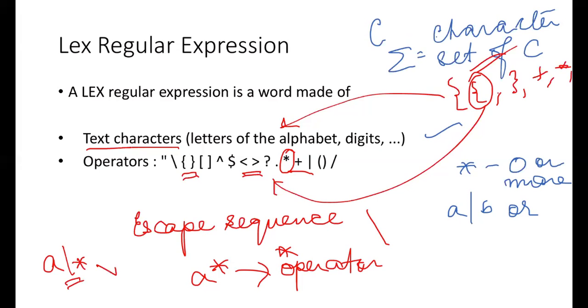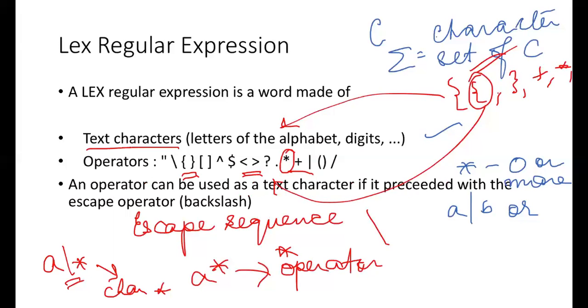So star here means the character star. Here it means the operator star. Okay, so escape sequence is important. That's what is written here: an operator can be used as a text character if it is preceded with the escape operator, which is backslash.